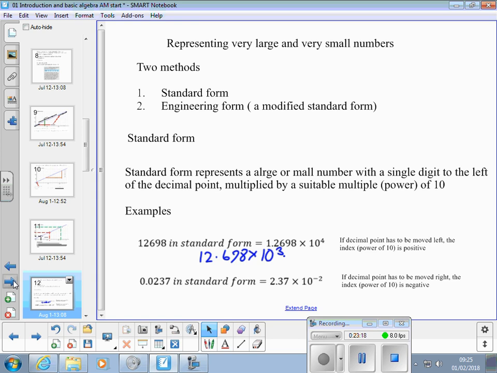If the decimal point has to be moved to the right, the index or power of 10 becomes negative. So 0.0237 in standard form: we're moving the decimal point 2 places to the right, so it's a power of -2.